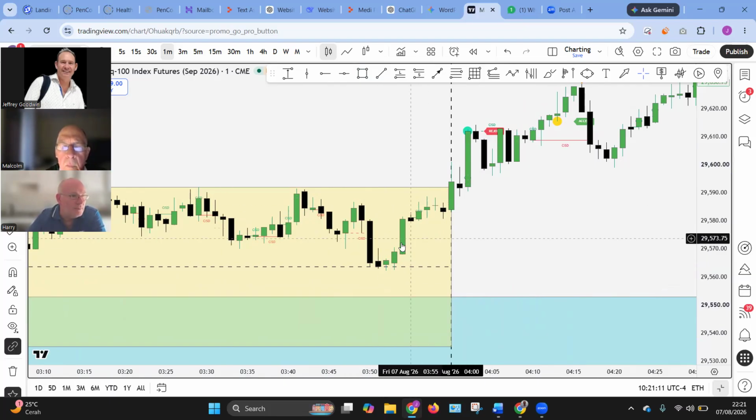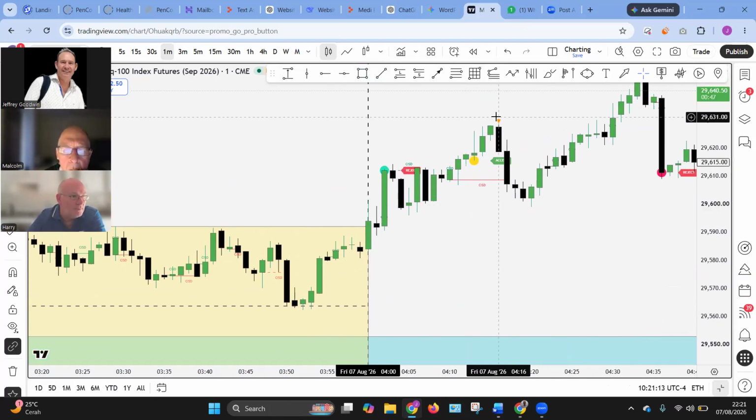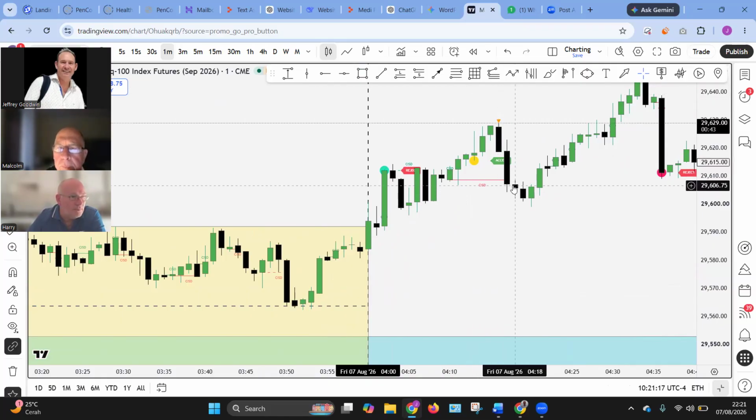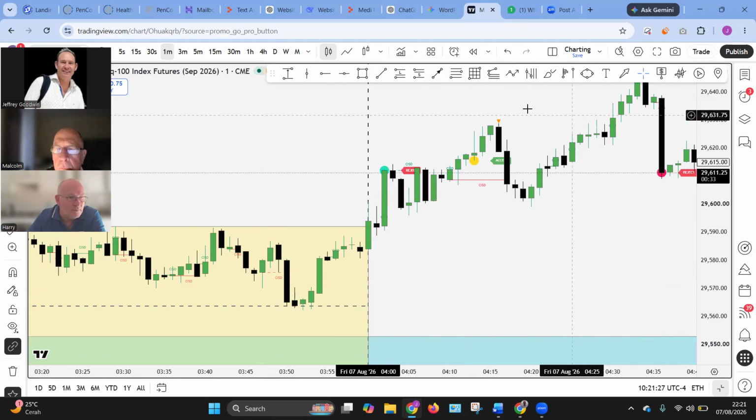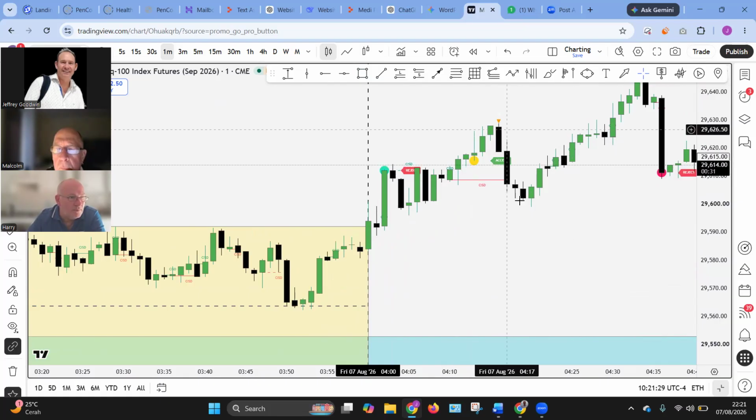Ah, we've got one of these ways to change the state of delivery. I may have entered that trade right there, and that would have been a loss. 100%. That's the first loss I've shown here.